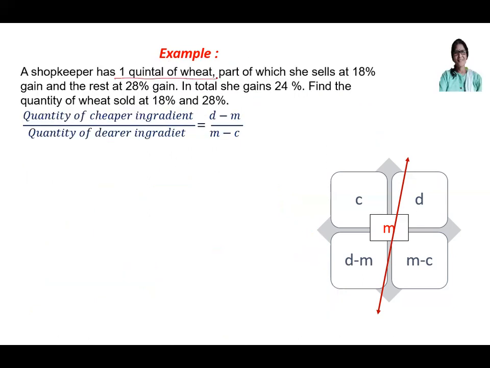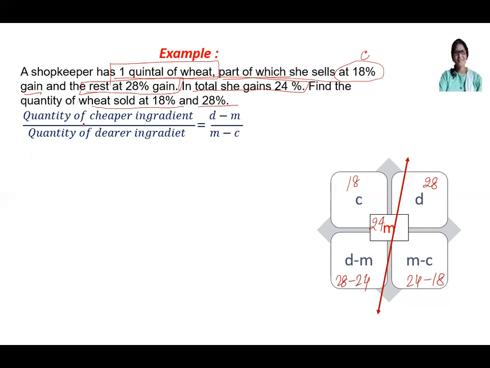A shopkeeper has 1 quintal of wheat, a part of which he sells at 18% gain and the rest at 28% gain. In total, he gains 24%. Find the quantity of wheat sold at 18% and 28%. So here 18 is less, so it will be C, D is 28 and the mean is 24.